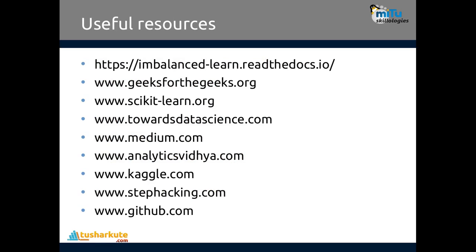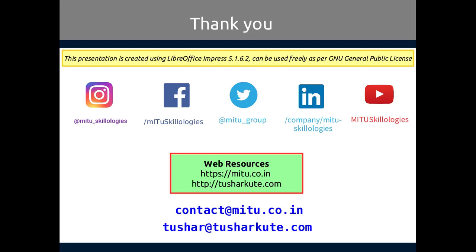If you want to work more on this, many more small algorithms are present in imbalanced-learn. This first link present there, imbalanced-learn.readthedocs.io, is where we can find all the information about the operations or data science algorithms which work on imbalanced dataset operations only. A few more algorithms are yet coming.